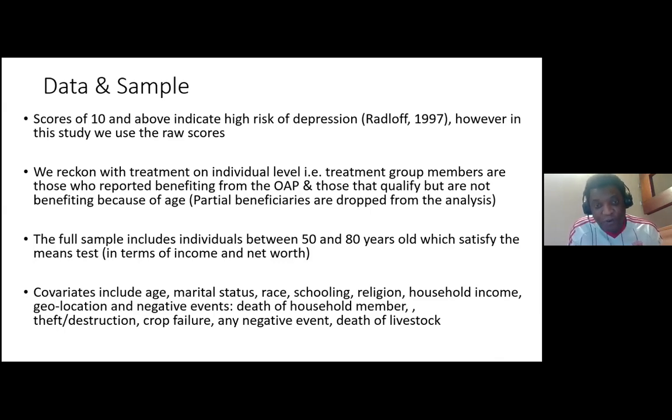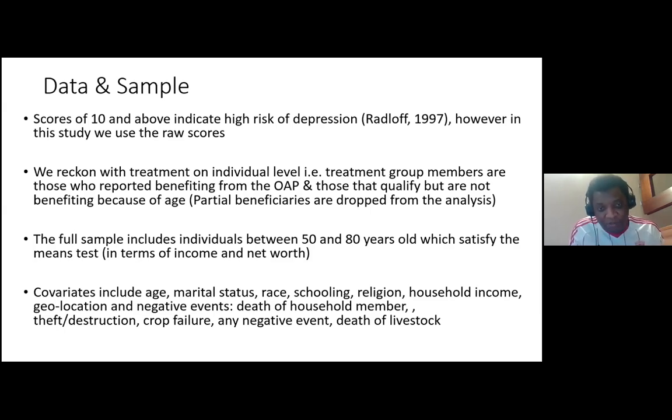This kind of individual was dropped from our sample completely, and I will explain the reason why we do this. It has something to do with the mechanism through which we think income is affecting depression scores. So all partial beneficiaries are dropped from the sample.